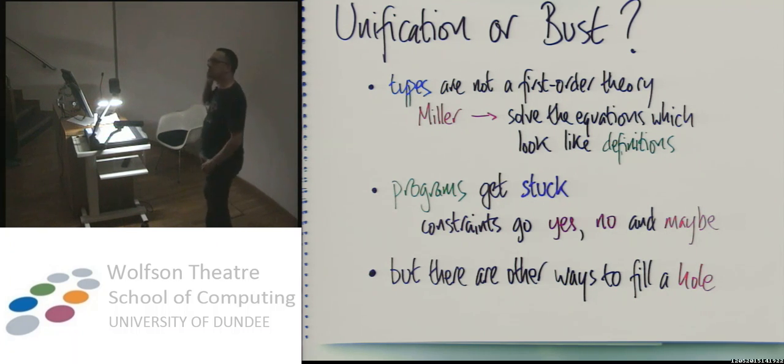But I guess the more obvious thing really is to say there's more than one way to fill a hole. Unification is not the only game in town. And a big mistake, which lots of our comrades are making, at least I think it's a mistake, or at least unpalatable, is that since all unknowns are to be solved by unification, every method of solving unknowns has to be added to the unification algorithm.